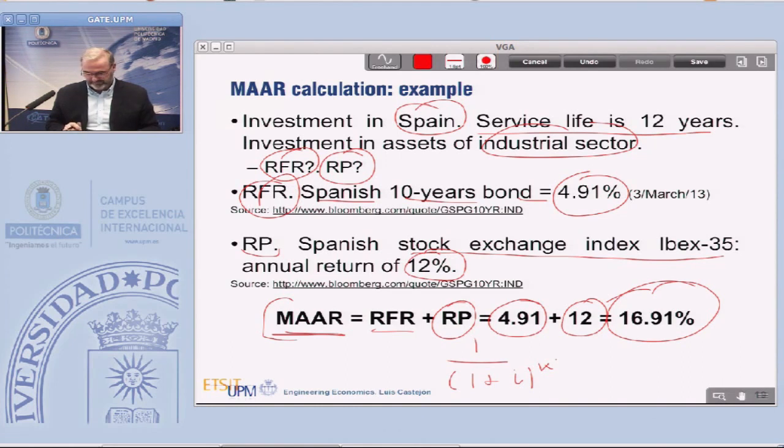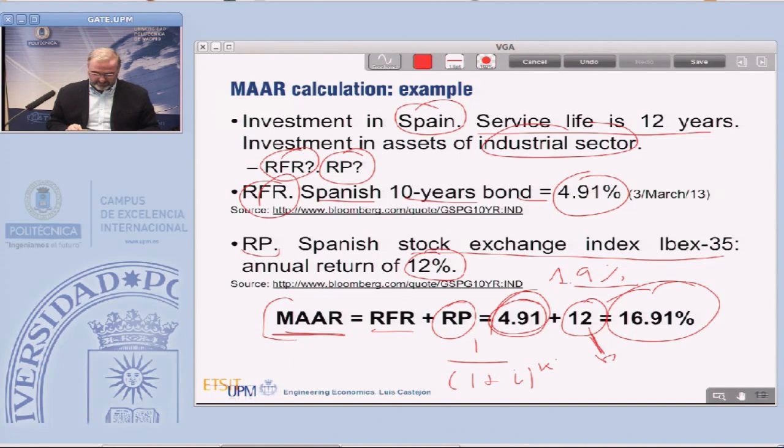It's very high. Why is it so high? Because the risk-free rate in Spain is quite high, compared with 1.9 in Germany or in the US. And also the Spanish stock exchange has a lot of volatility, a lot of risk.